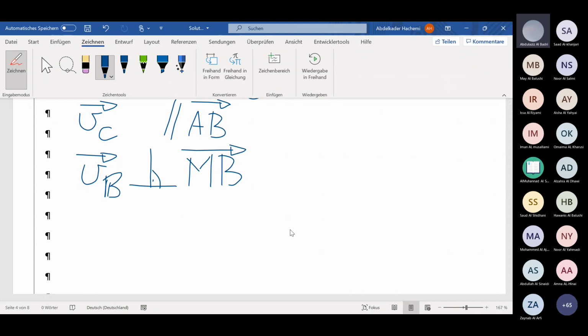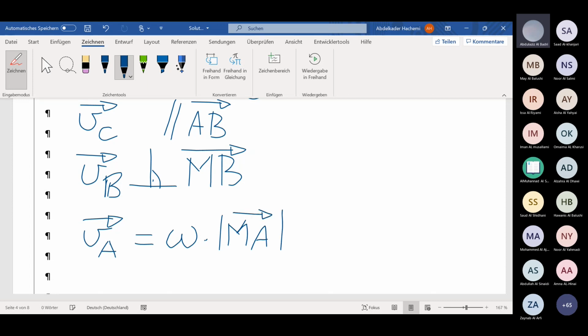What we know now: VA is equal to omega times MA, the magnitude of the distance MA. Why? Because we always keep in mind the equations that we know.